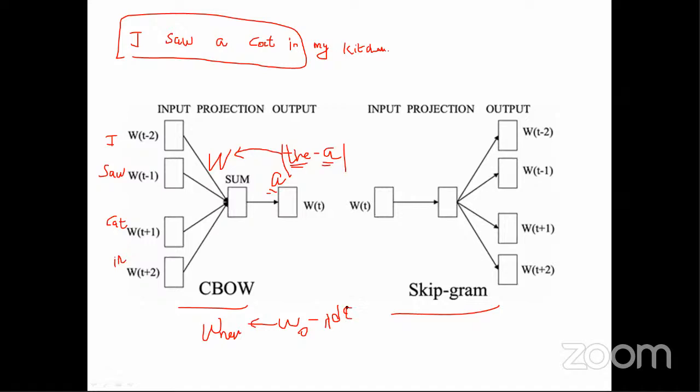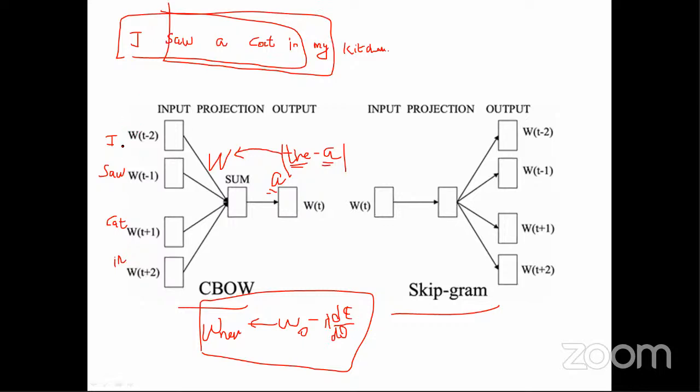That is the derivative of the error function E with respect to the parameters you are changing. This is a simple neural network, like how backpropagation works, how you update the weights. The same way you are updating this W, until you get the right word; once you get it, you stop. Then you move to the next 5 words: saw a cat in my.